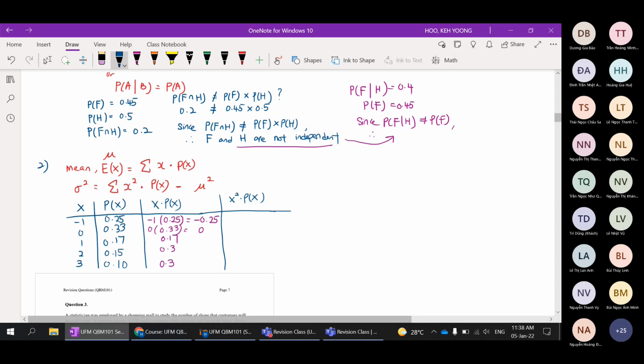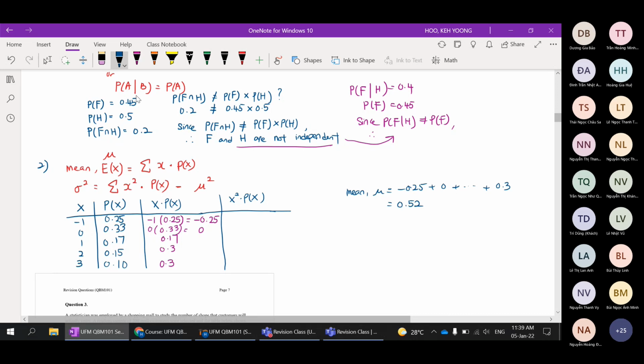Okay, move on to this. The mean mu, you add up the 5 values. So you get 0.52. So the mean is 0.52.